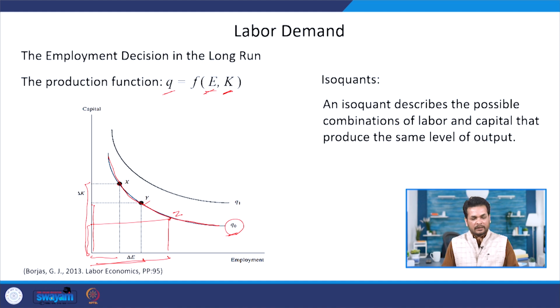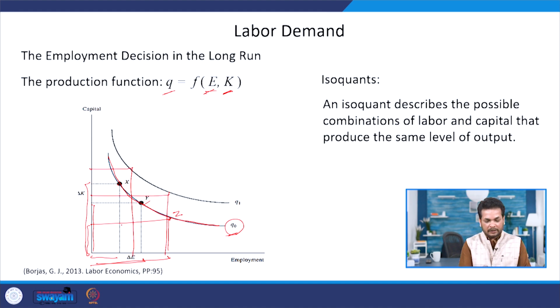Higher and higher levels of output can be produced with higher combinations of both labor and capital. So, Q1 level of output is produced at a higher combination of labor and capital. These isoquants describe the possible combinations of labor and capital that produce the same level of output.